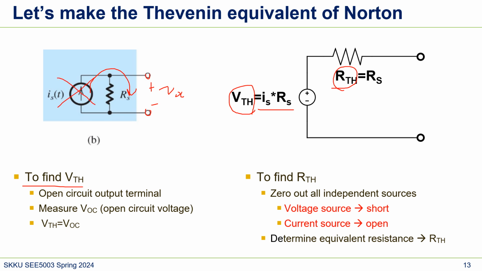Open it means just remove it, so these are not connected. Okay, so the current source is open. That's done. And then measure the resistance in this terminal, like measuring this resistor, Rin. Rin would be what? Just Rs, right? So RTH would be the same as Rs.